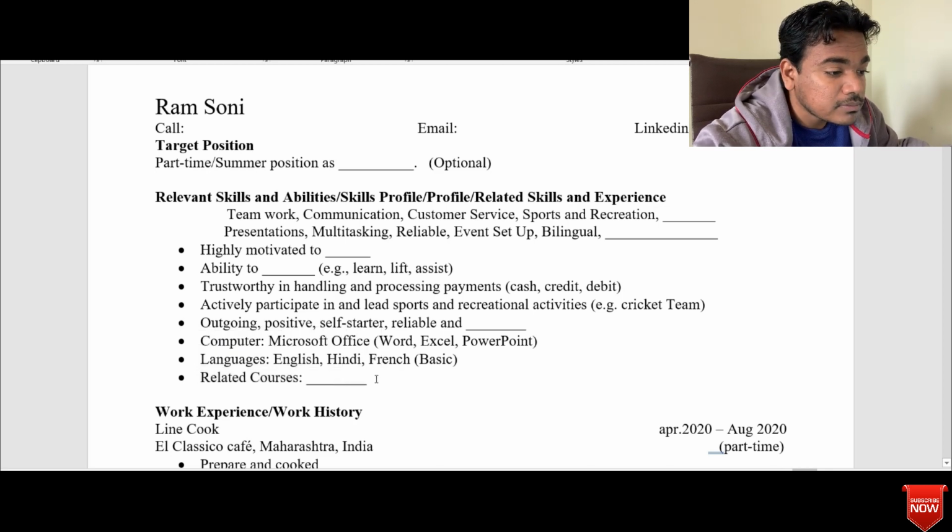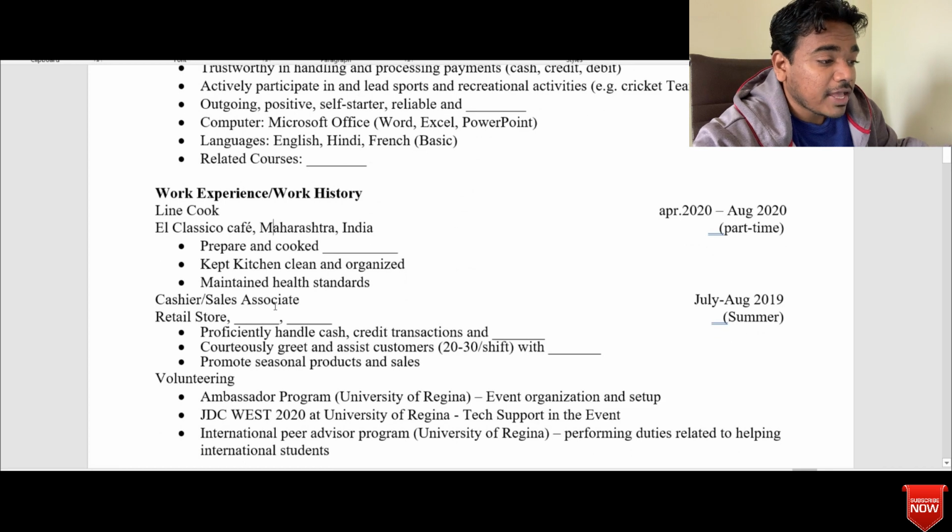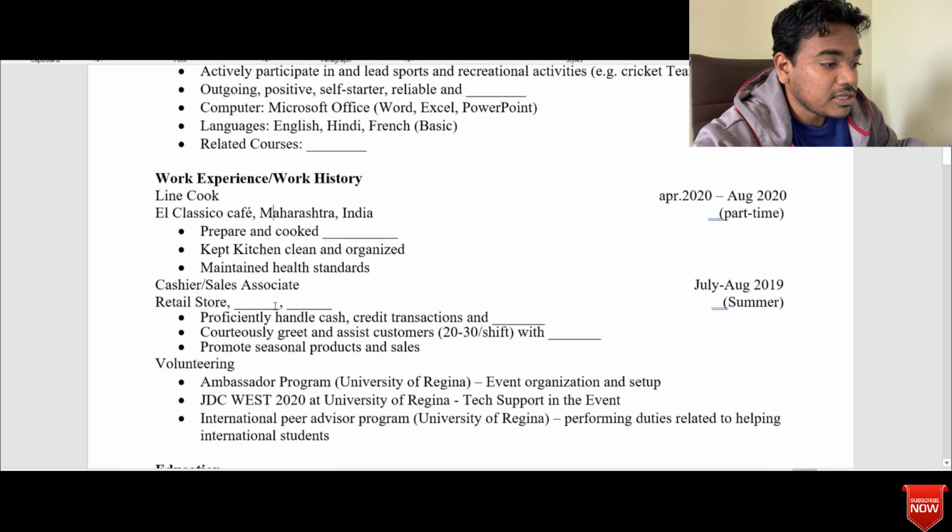Now the next important section is work experience. The heading is work experience, but I have given one more heading option, that is work history, if you want to write, right? Now which kind of work experience you add in your resume is also very important. Suppose you are applying for cashier, then you should add the cashier experience.